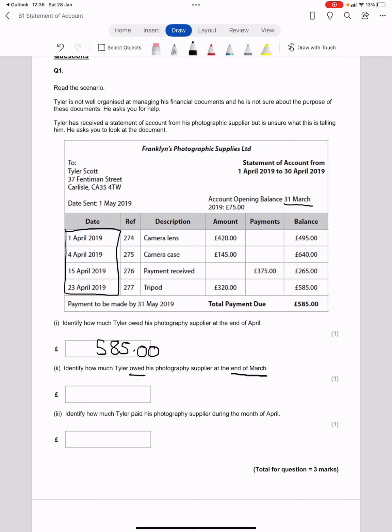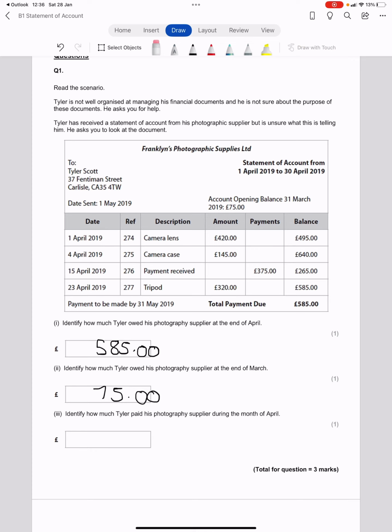These statements of account will always have an opening balance on them, and you may be asked a question about that. So we can see the account opening balance was £75. So we're just going to write £75 in, because that was the amount that Tyler owed his photography supplier at the end of March.